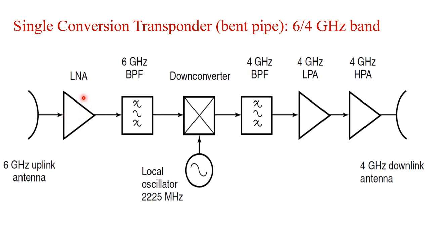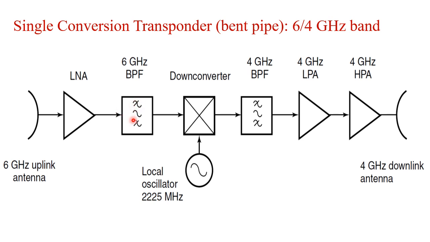The first stage of any receiver must have very high gain and it must generate a very small amount of noise, right? So after the low noise amplifier, we have an amplified signal, but that amplified signal may contain some other frequencies.